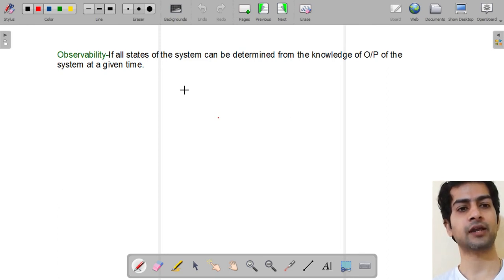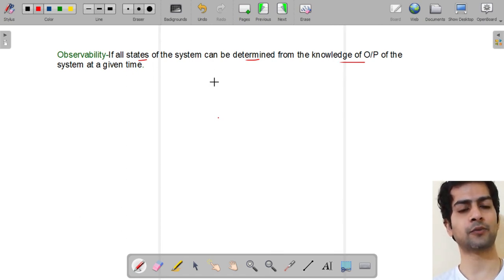That is, if the states of the system can be determined from the knowledge of output, then it is said to be observable. So controllability means controlling states, and observability means observing states.